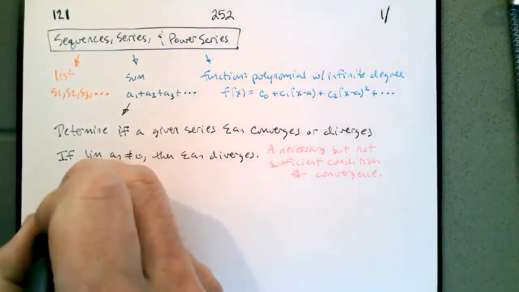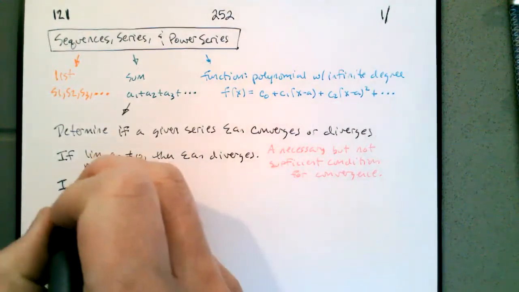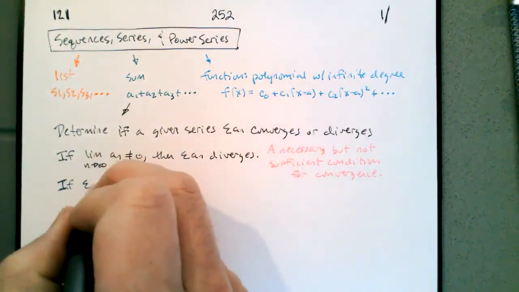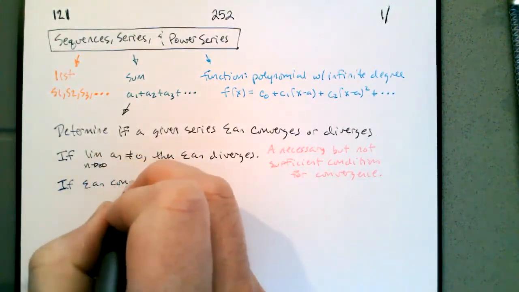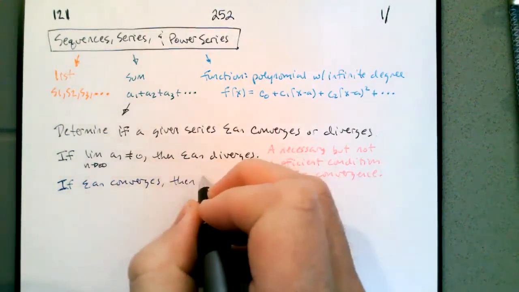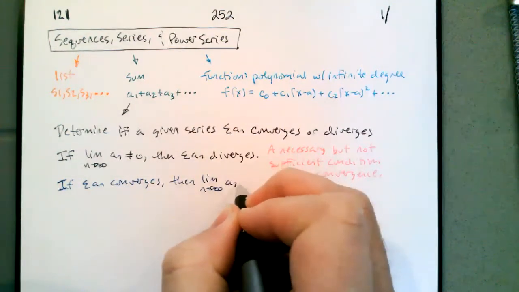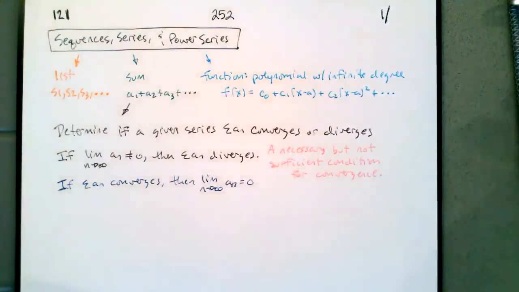From this, we can get the contrapositive, which better states the necessity of the limit of the terms being 0. If the series AN converges, then the limit of the terms must equal 0.